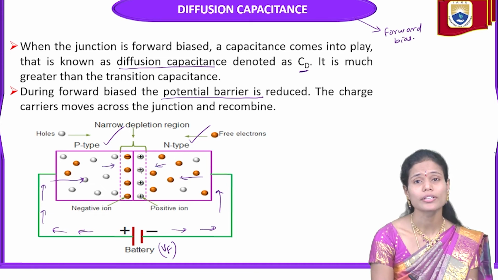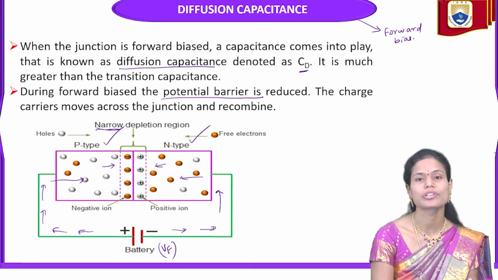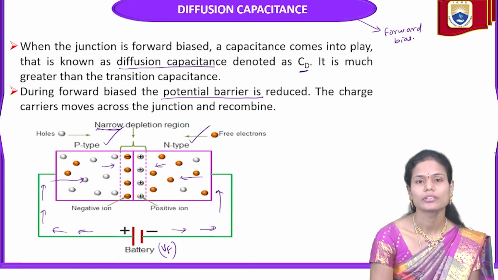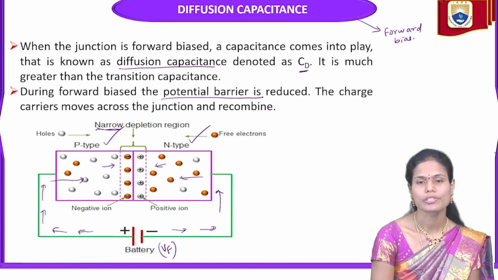Because of that reason, we get the narrow depletion region here. The positive and negative immobile ions are reduced in the forward biased condition. Because of that, the width of the depletion region is also reduced here. Once the width of the depletion region decreases, obviously the capacitance value increases here.